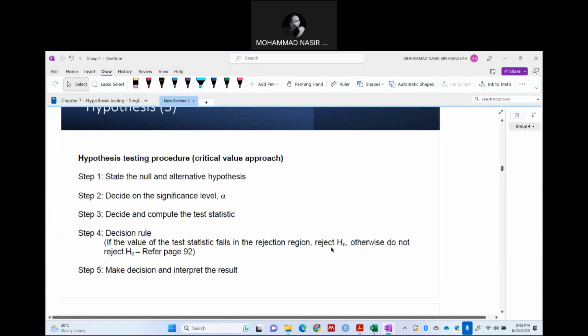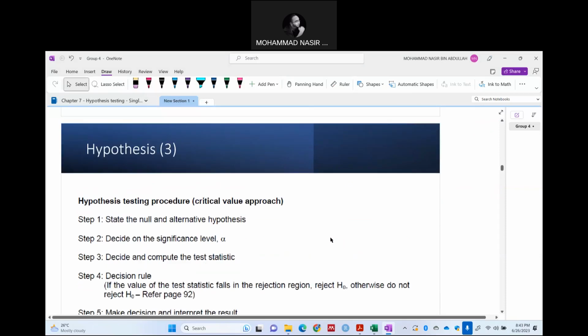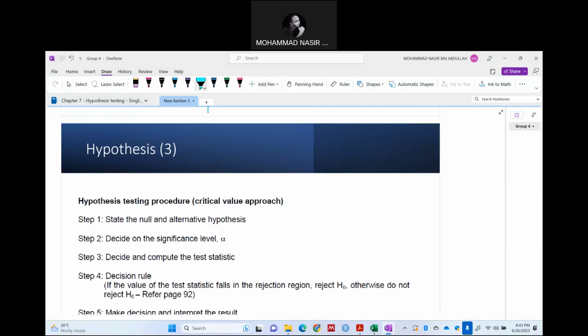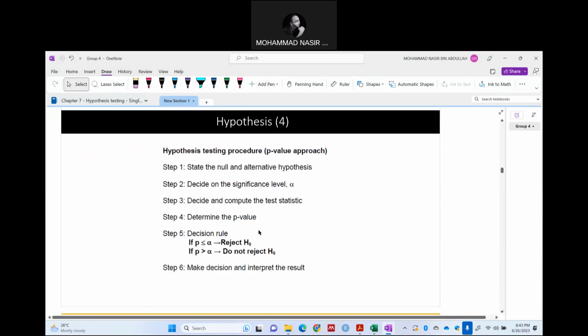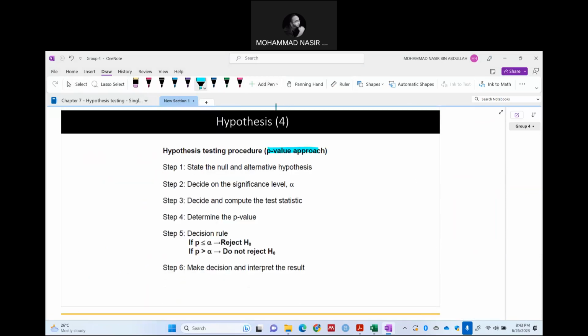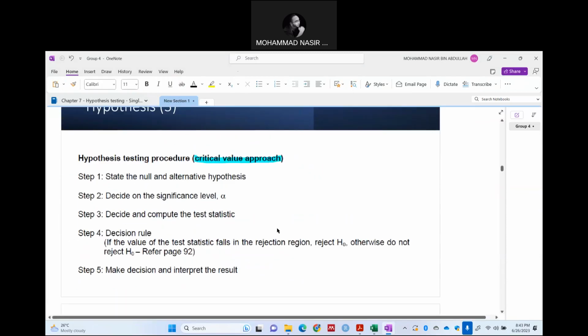So this is a step. There are two approaches in hypothesis testing. The first approach is the critical value approach. Another one is the p-value approach. So in this subject, we will look into both approaches.